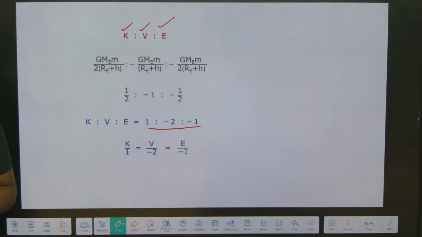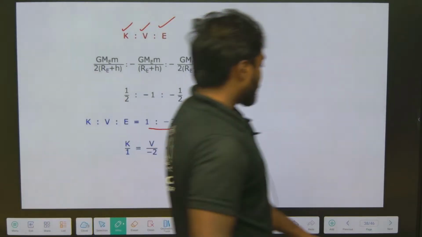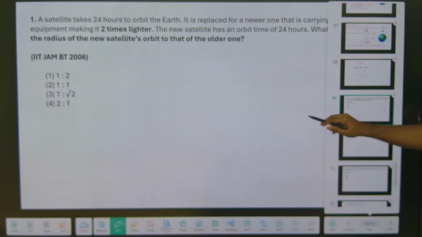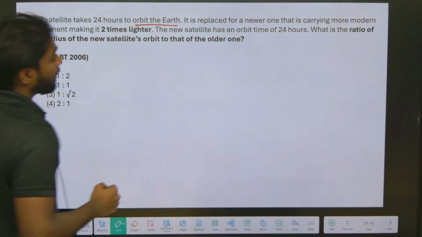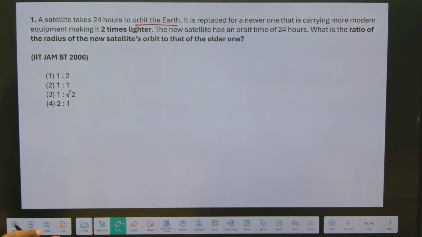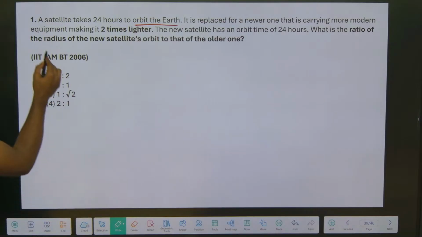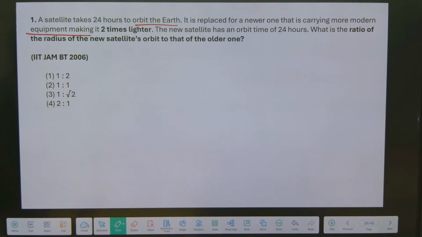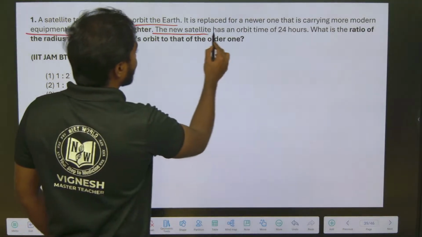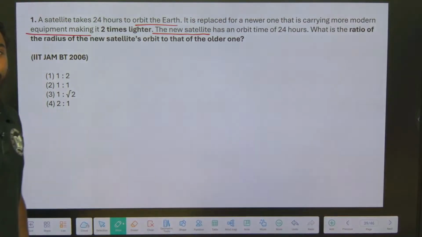Okay, so the first question we are going to see is: a satellite takes 24 hours to orbit the earth. It is replaced for a newer one that is carrying more modern equipment, making it 2 times lighter. The new satellite has an orbital time of 24 hours.